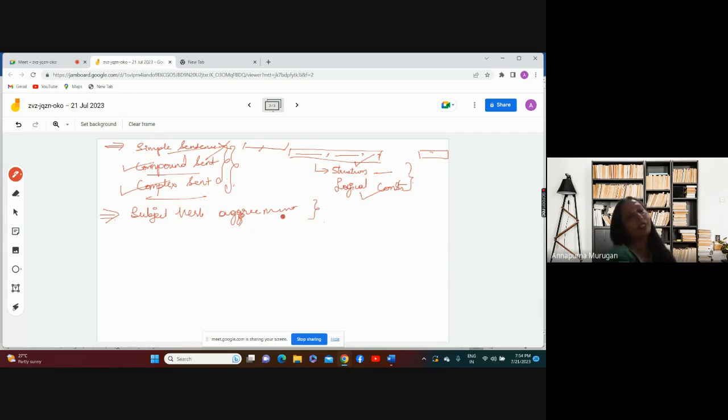What is this subject verb agreement? For example, you people wear dresses, isn't it? You wear trousers and a formal shirt. Can you wear any color with anything? Or can you wear a formal shirt with track pants? Can you make combinations like that? No, right? Will a blazer with track pants go?